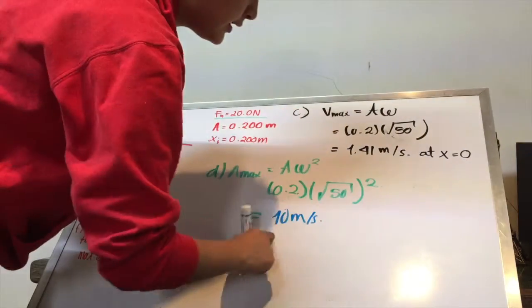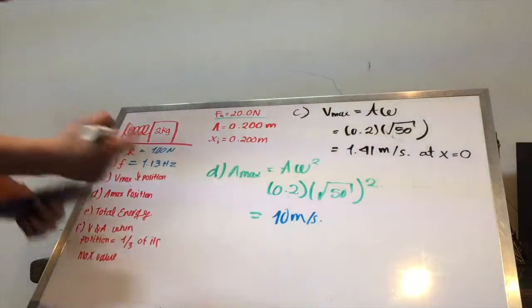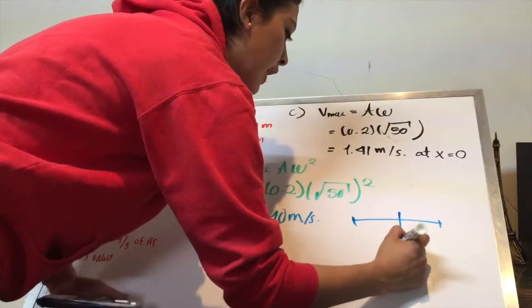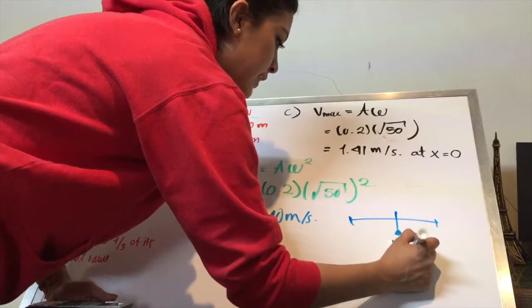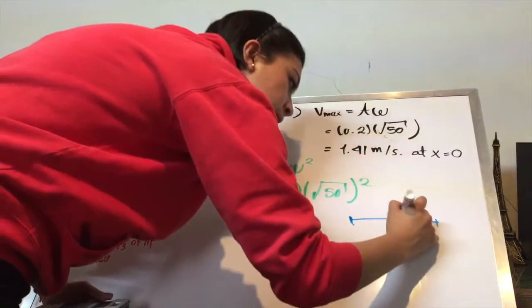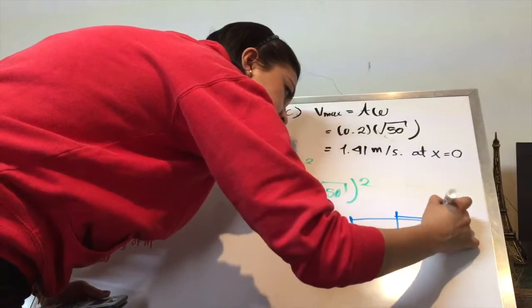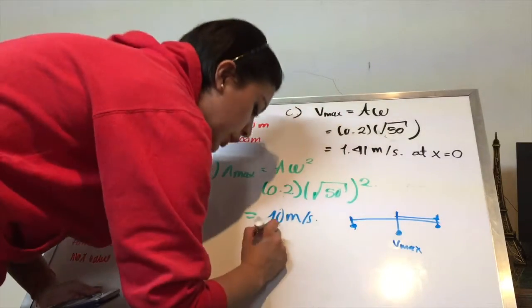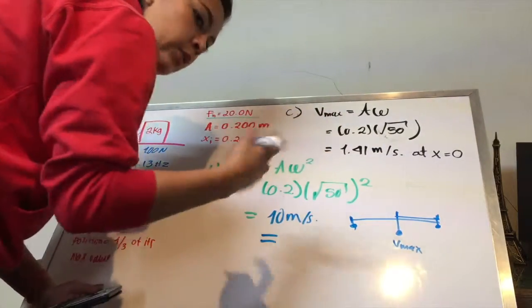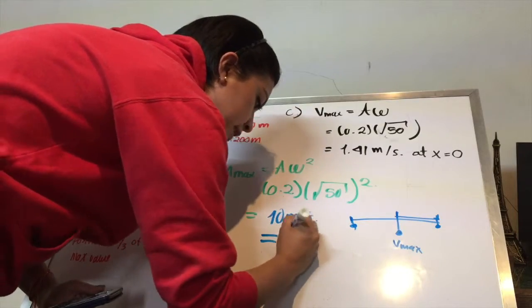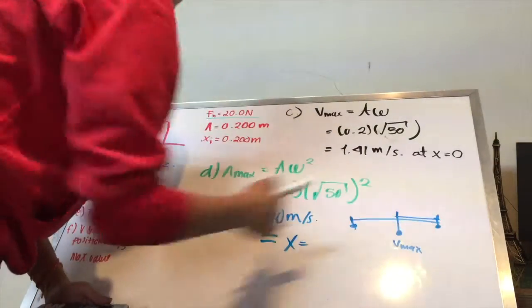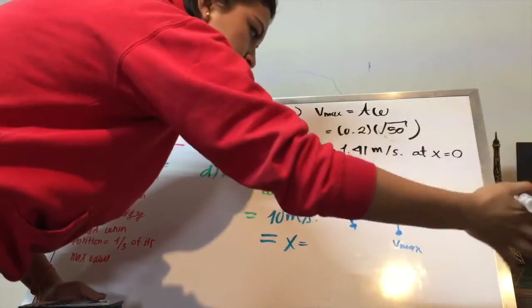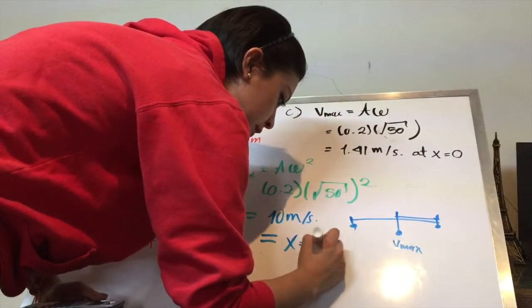And this maximum acceleration occurs at these two points on the graph, where the velocity is not at its maximum: x equals the amplitude, in the positive and the negative part.